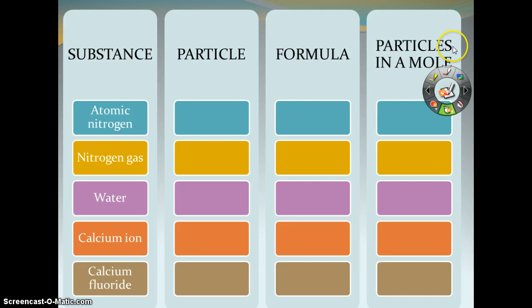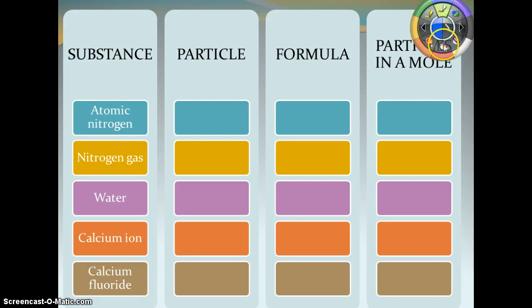Okay, so here we have a little chart that we're going to go through and fill in. Our first substance is atomic nitrogen. Now, atomic nitrogen is going to be what type of particle? An atom, an ion, a molecule, or formula unit.